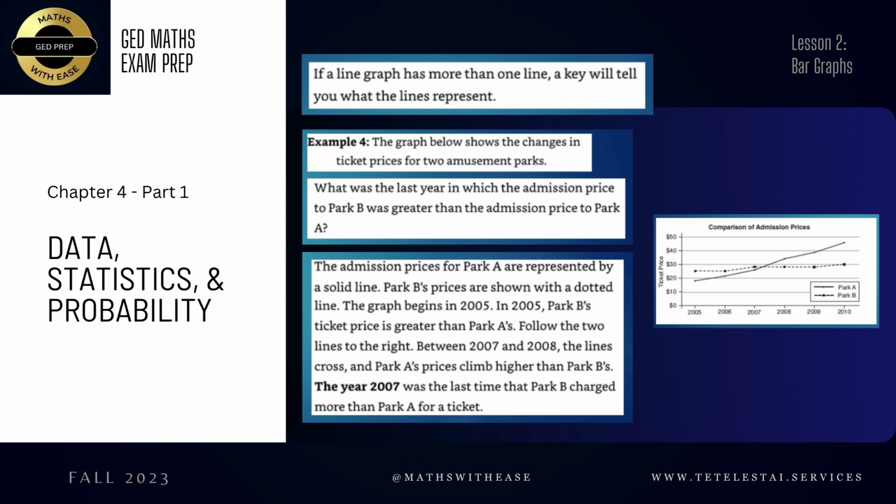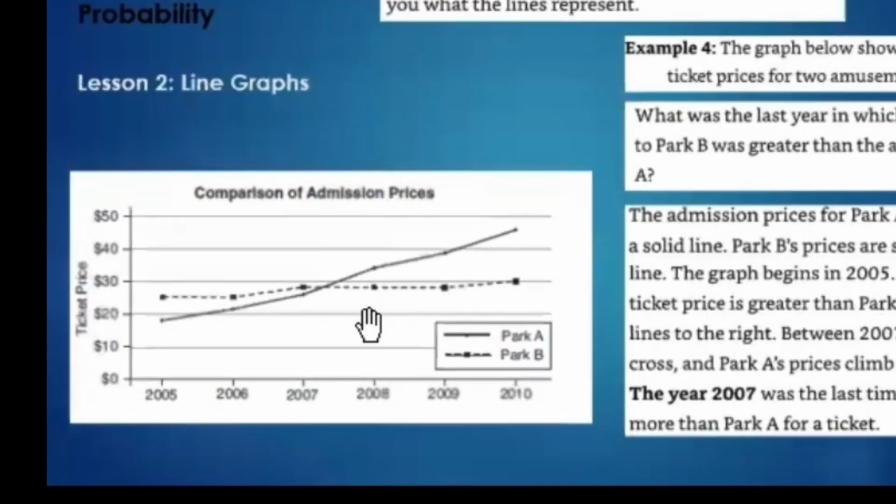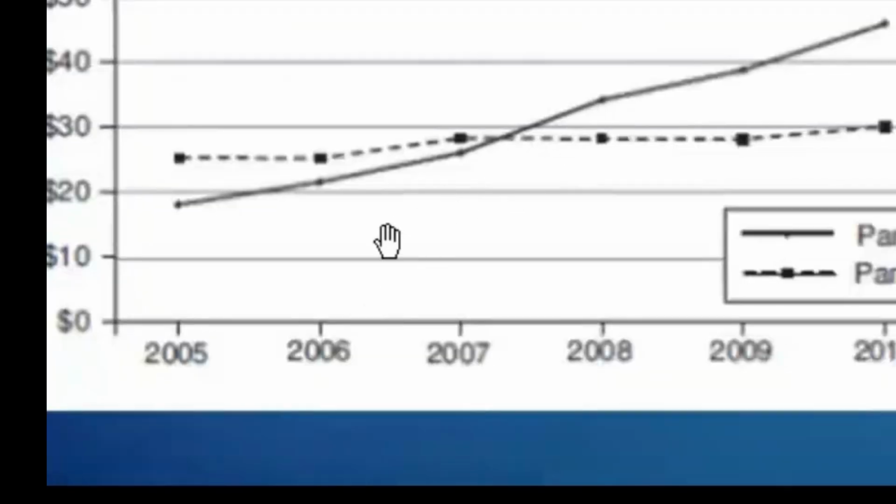So again, just walk yourself through it, think logically about what it is that you are trying to figure out. And if, for example, this question became one about which year showed the greatest increase, right?